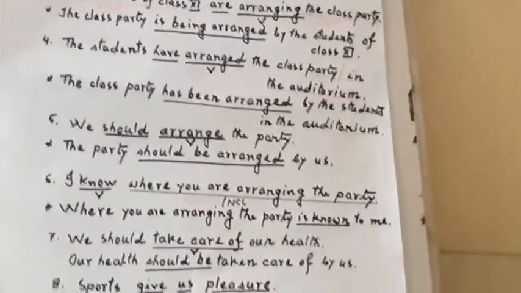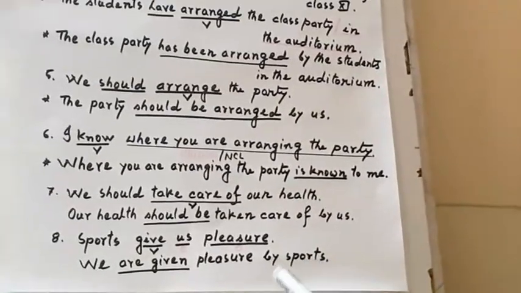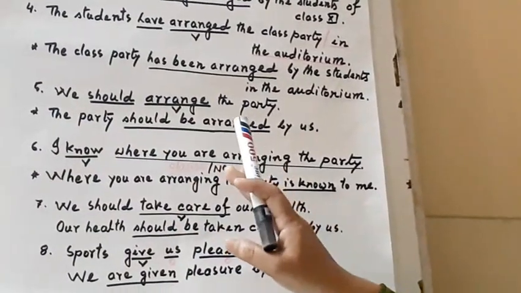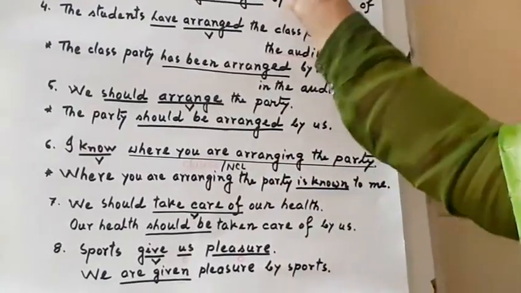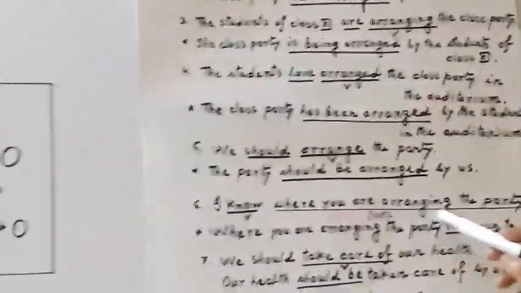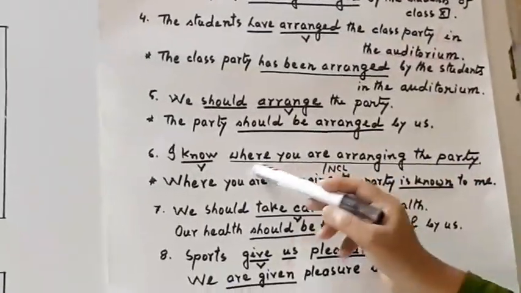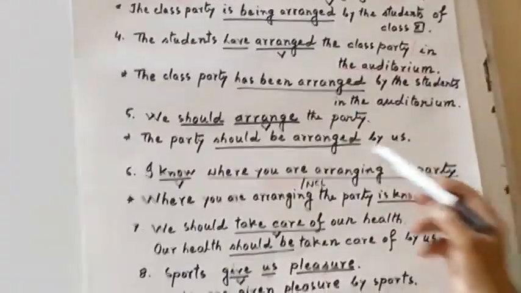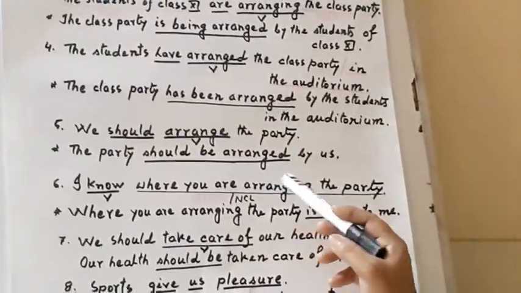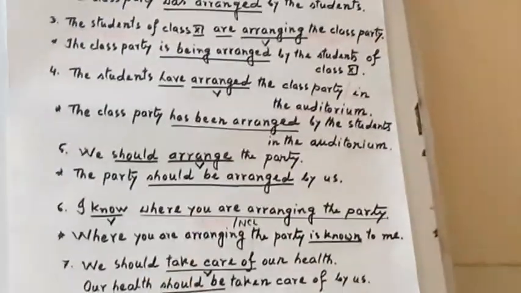Then in the next number, this is remarkable. In place of subject or object, we can use a word or phrase or clause. I know where you are arranging the party. Where you are arranging the party, this is completely a noun clause, but we see it in place of object, so we'll use it as object.